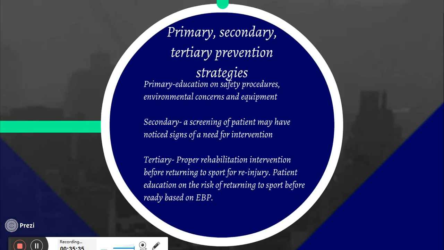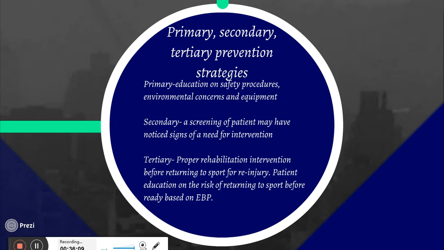So once again, we're looking at primary, secondary, and tertiary prevention strategies. Primary prevention: education on safety procedures, environmental concerns, and equipment. Those steps could have been helpful for this patient along with other patients. Secondary prevention methods, such as if that patient had been screened for possible signs, could have led to an intervention and prevented this injury from happening.